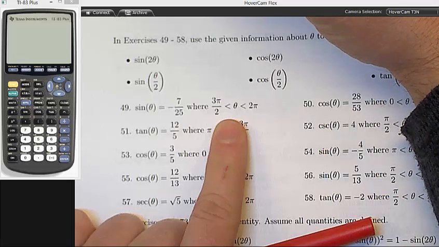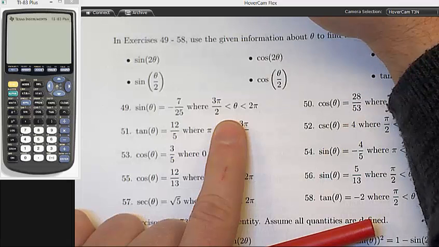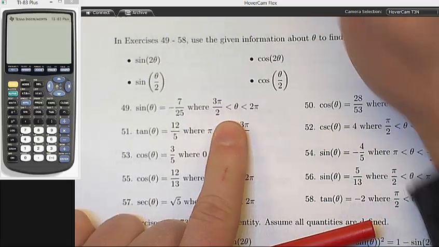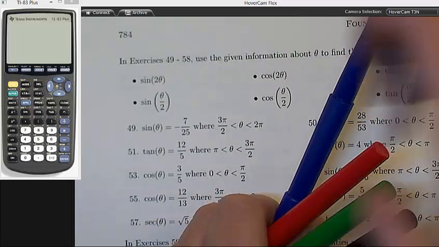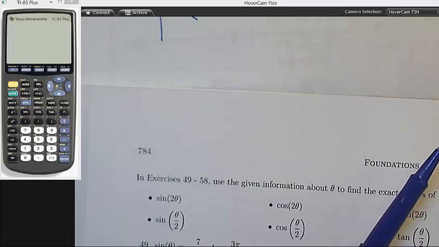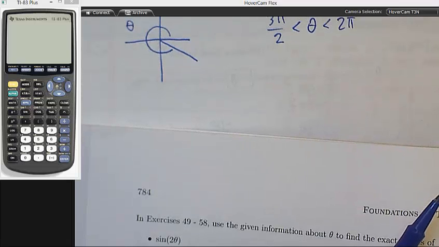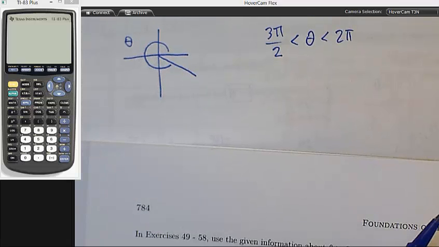So when I draw my picture of theta, which you can't see right now, sorry about that. Let me try and fix that. Okay.